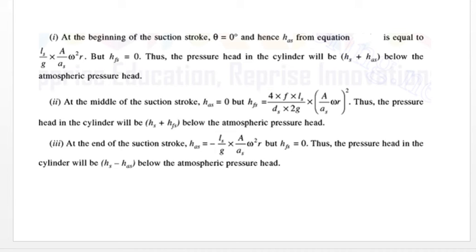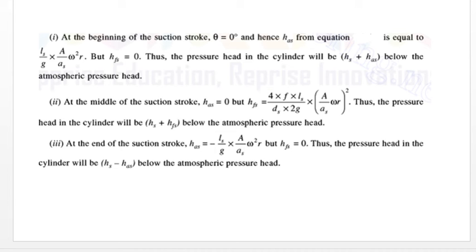But HFS will be 0. Why will HFS be 0? Because HFS depends on the value of sine theta, and at theta equal to 0, sine 0 will become 0. That's why HFS will be 0.